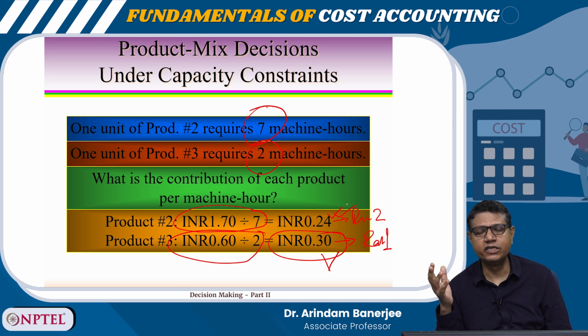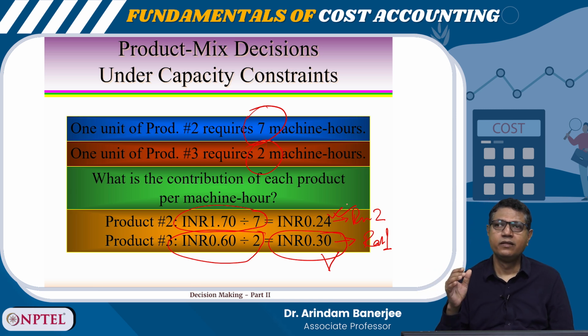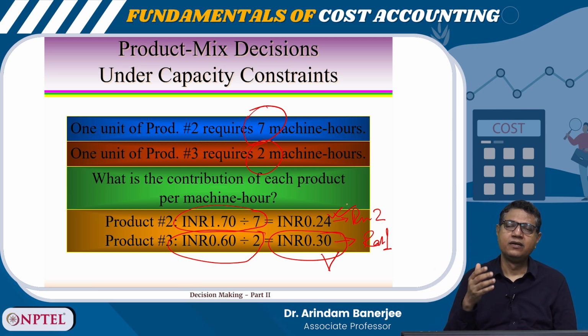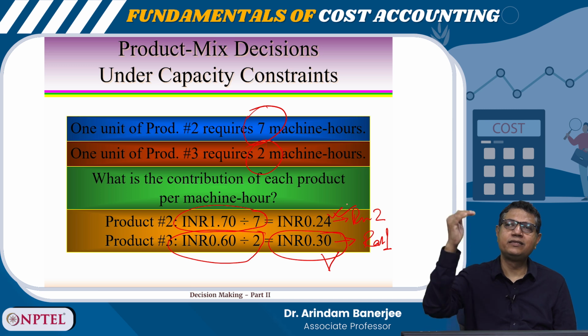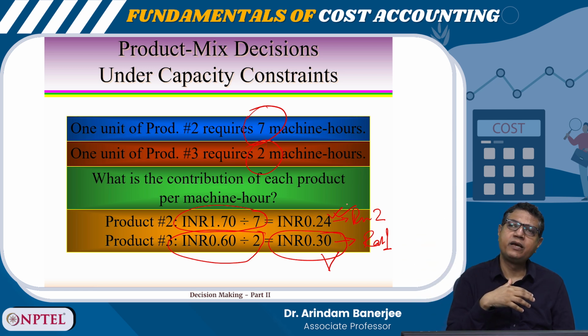In such a situation where there is no limiting factor, no constraint, I should go for the product in which the contribution margin is the highest, right? If the contribution margin is highest and I produce it in abundance, then I should be able to maximize my profit, right? But in practice, in the real world, the situation is different.